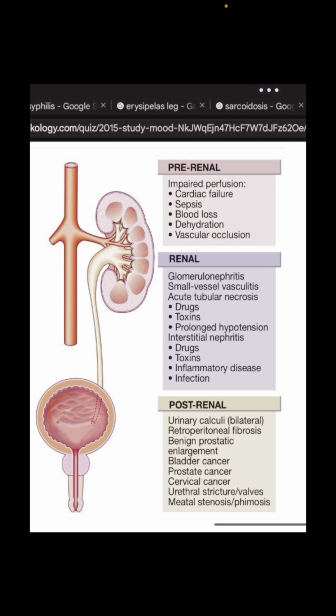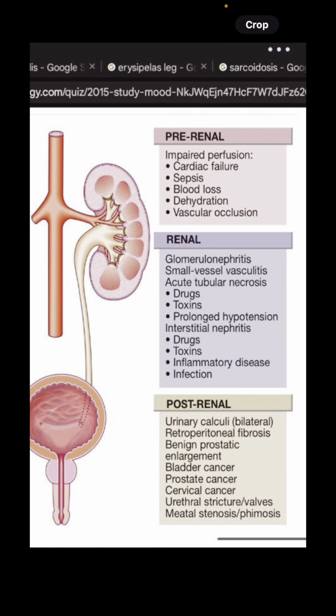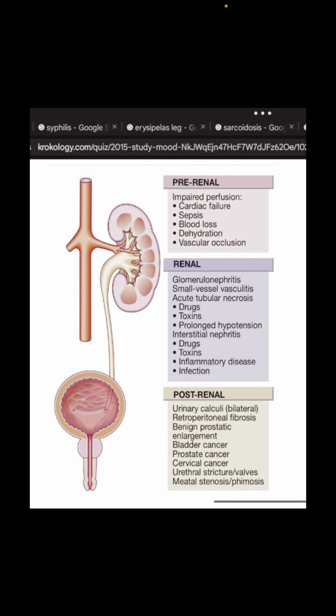The renal causes are glomerulonephritis, drugs, toxins, and infections. Post-renal problems are basically cancers, prostate enlargement, or any kind of fibrosis, or bladder cancer, prostate cancer, cervical cancer. All these can cause post-renal injuries.